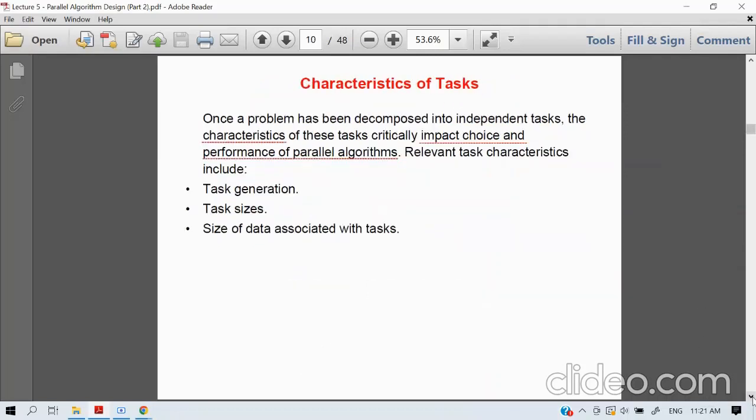After that, we also learned about the characteristics of tasks. There are three factors that you need to consider, which are task generation, task sizes, and the size of the data associated with the task.